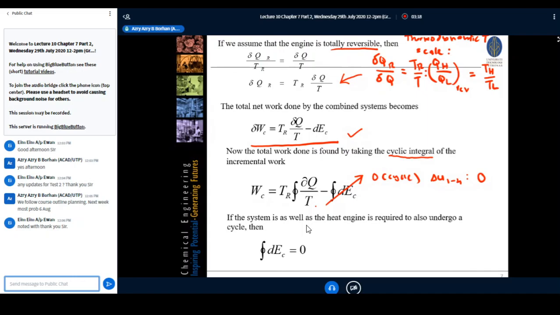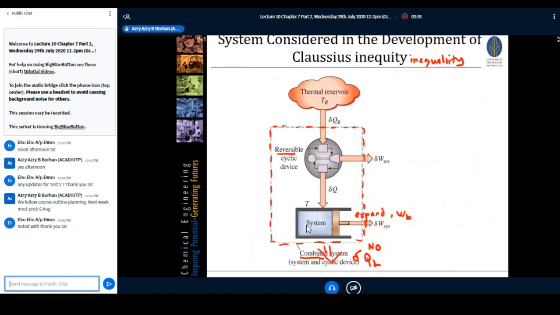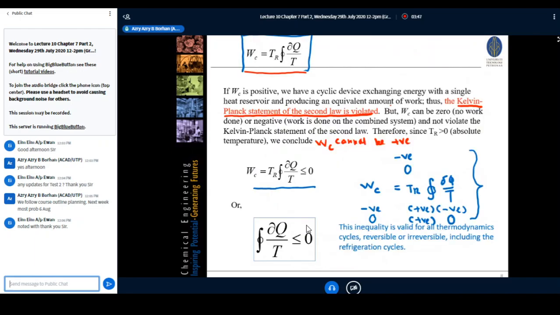Now, if we look closely at this particular arrangement, it would violate the Kelvin-Planck statement. When it violates the Kelvin-Planck statement, the total work done cannot have a positive value.